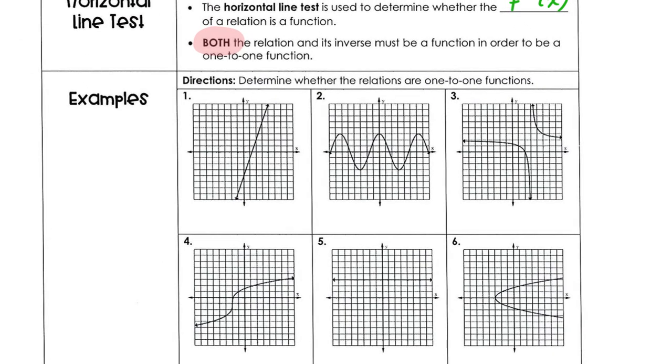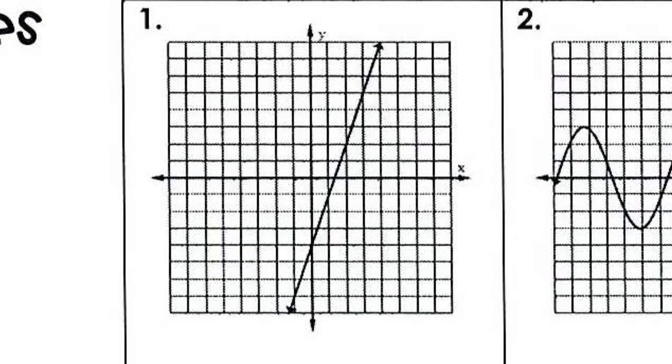So if we look at these examples, example number 1, it's kind of hard to see on the printed version, but here's that function. It's a linear function. If I look through the lens of a vertical line test, it only intersects at any point once. So I know that my linear function is a function.